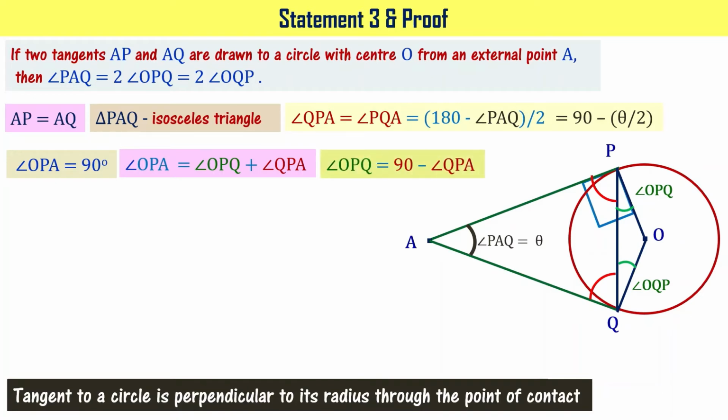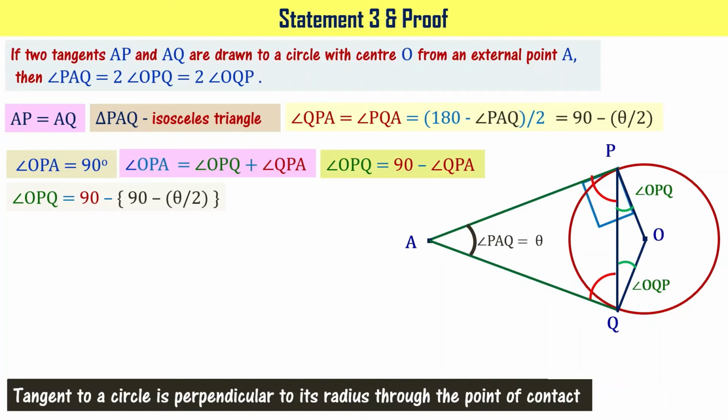Let me rearrange this equation such that I can write angle OPQ equals 90 degrees minus angle QPA. Angle OPA is 90 degrees. I have substituted that. That's why we have angle OPQ equals 90 degrees minus angle QPA now, right? Let's take a note of that. And substitute angle QPA equals 90 degrees minus theta by 2 into this equation.